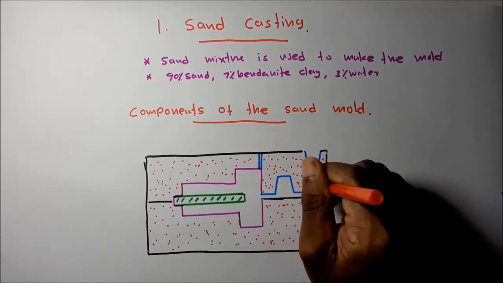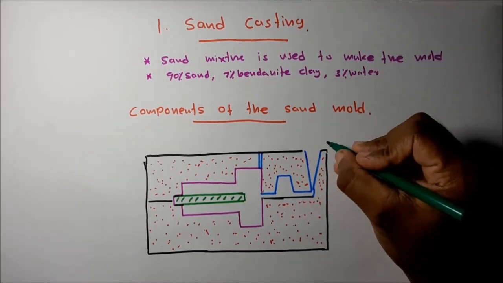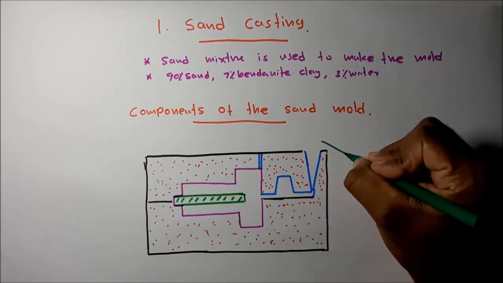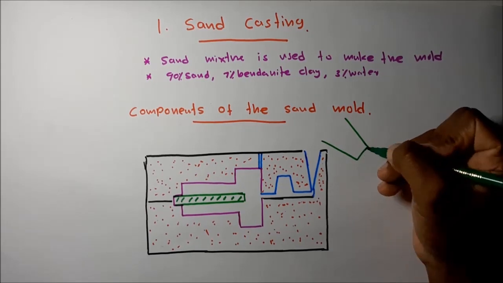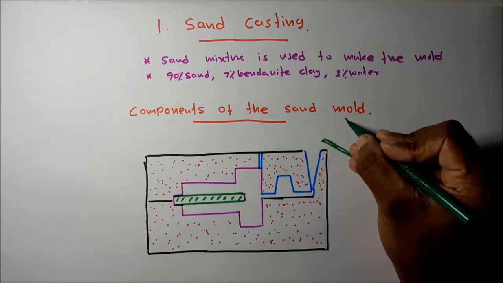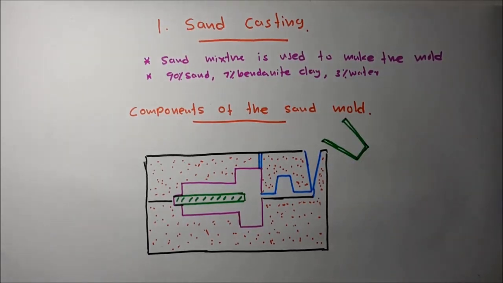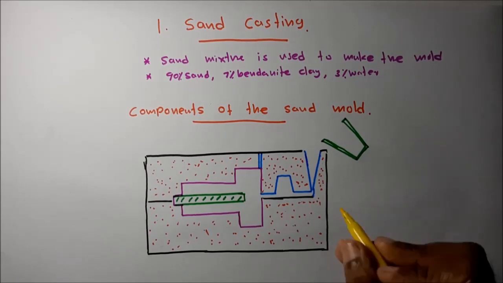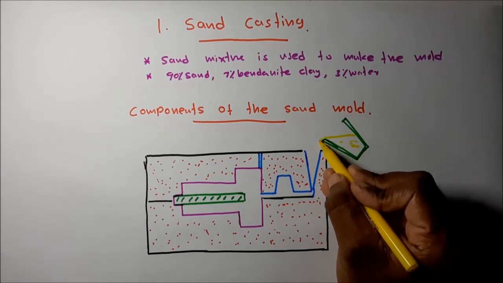Then the molten metal is poured through this sprue using a ladle.